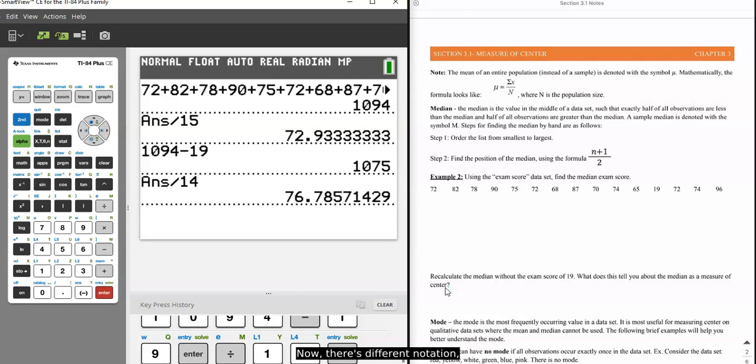Now, there's different notation, different variables, one's capital, one's lowercase, but the way we find the mean for population versus sample is exactly the same. The only thing that's different is the symbol used to denote what type of mean it is. So if we see mu, that's understood to be the population mean. If we see x bar, that's understood to mean the sample mean.